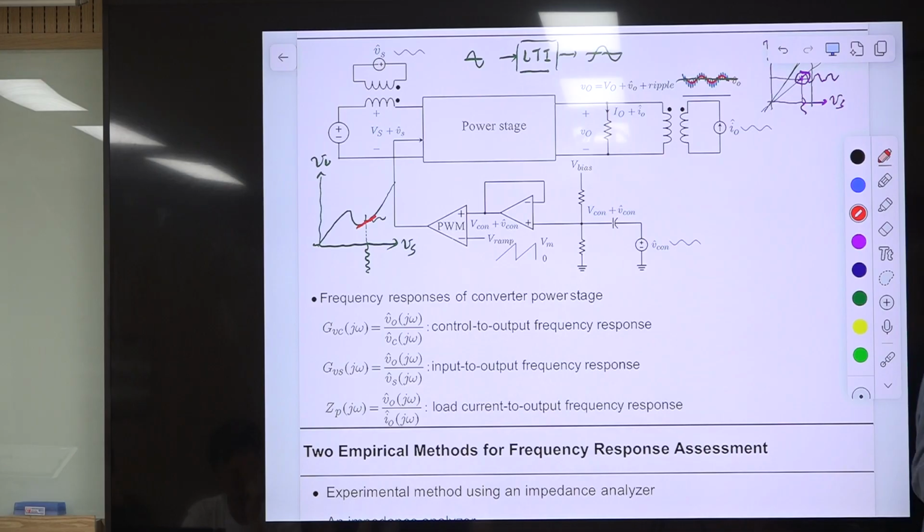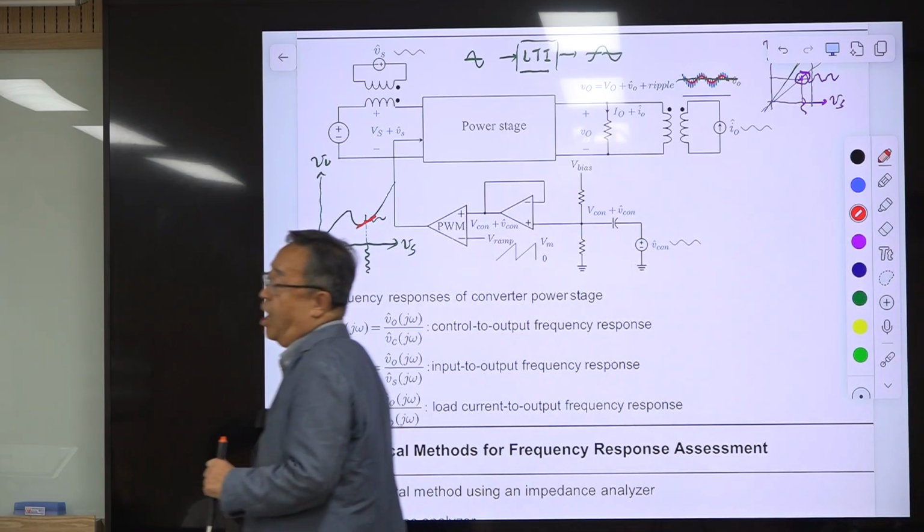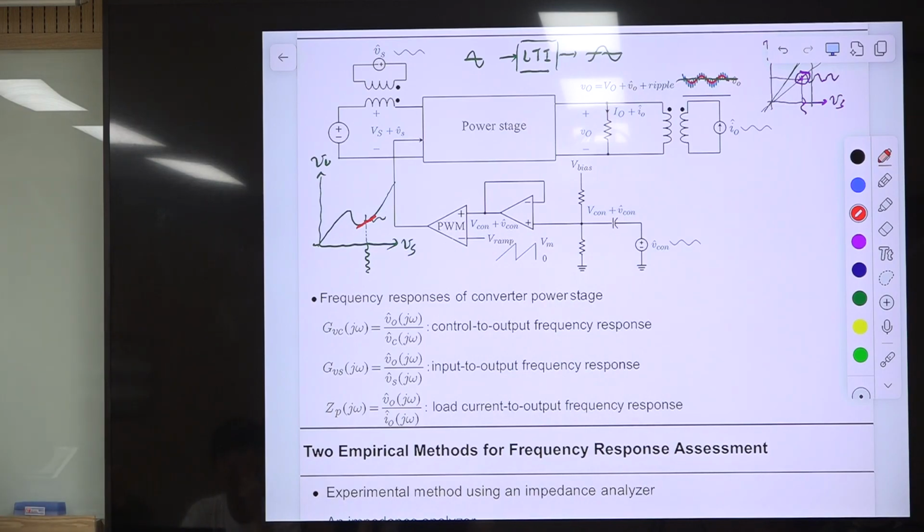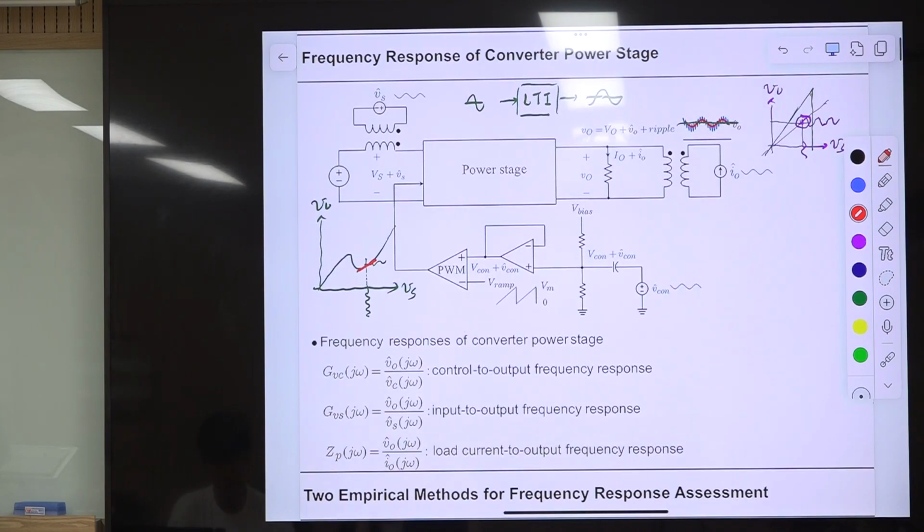Okay, this is the basic background for the small signal model and transfer function and the dynamics and dynamic analysis and control design using the techniques only applicable in the past to linear time invariant systems. So we are extending that concept with this assumption. Okay, so this is the basic idea of this frequency response analysis.